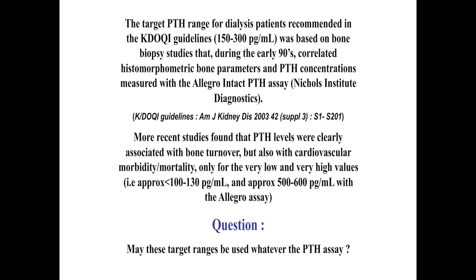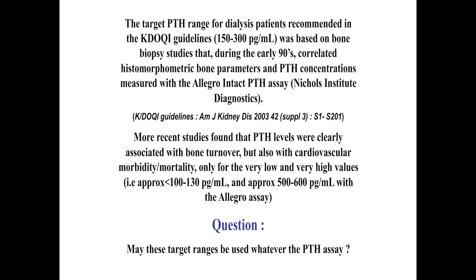And so more recent studies with the different PTH assays that are available have confirmed that PTH levels are associated with bone turnover, with cardiovascular disease and mortality, and the range stratification for risk has been defined further, knowing that there's an increase in mortality if PTH is too low, as well as an increase in mortality if PTH is too high, and suggesting that we focus in more on this range and try to correlate this with the various assays used.